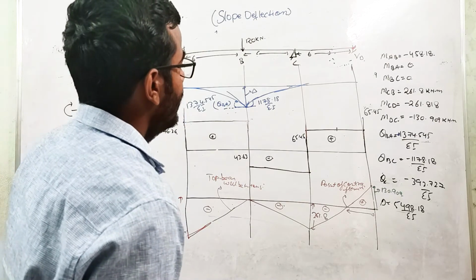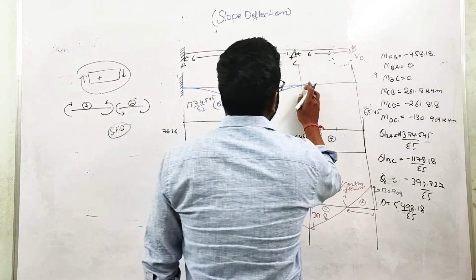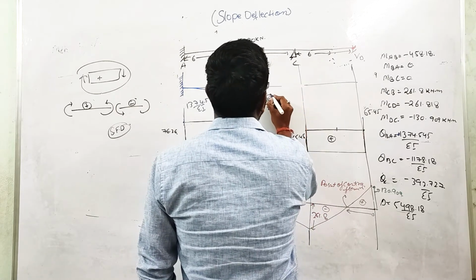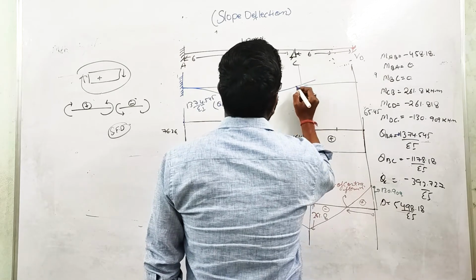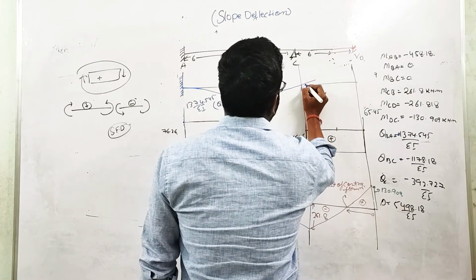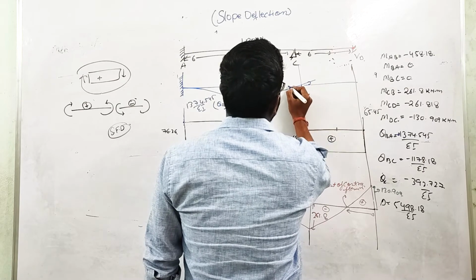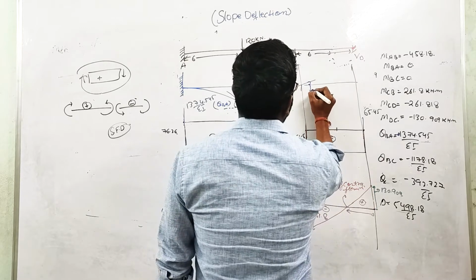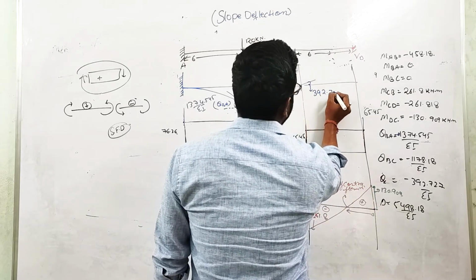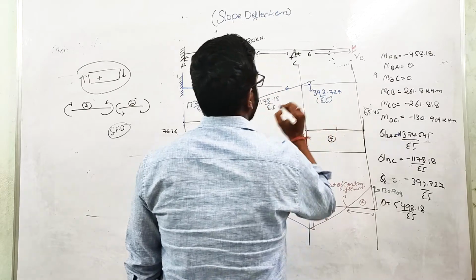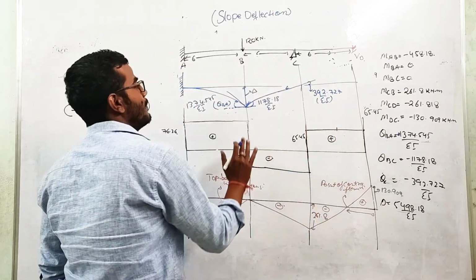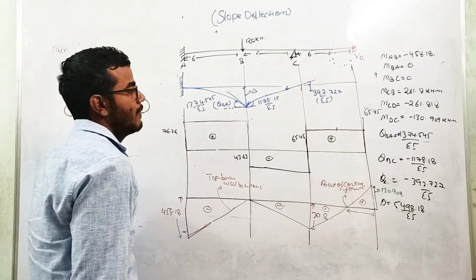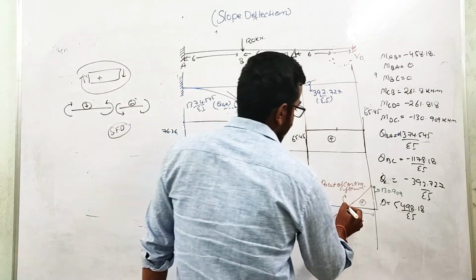Okay, and at C you can see that the rotation is basically negative value. It is giving negative, so this is anti-clockwise movement. So this value is 392.7 over EI. Okay, guys. And you can see that this is a curve basically. This is not a straight line. This is curve.